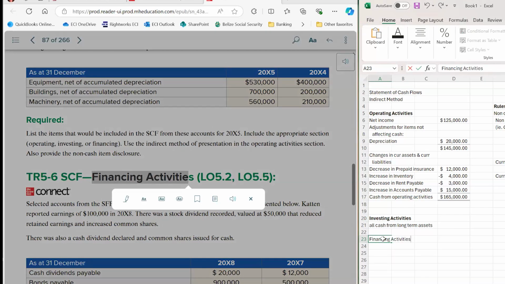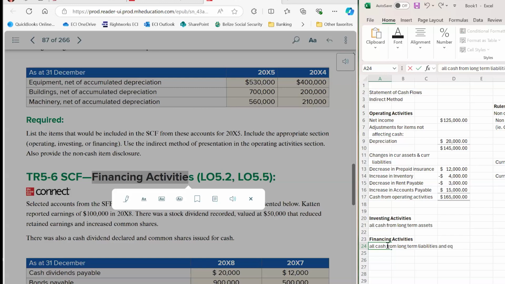Again, these are the rules that you can kind of think about when you're doing a cash flow statement, because we're going to look at the balance sheet to analyze all of the accounts, basically, but we're also starting with our net income here and adjusting for non-cash. So on the financing activities, this is going to be all of your cash from long-term liabilities and equity.